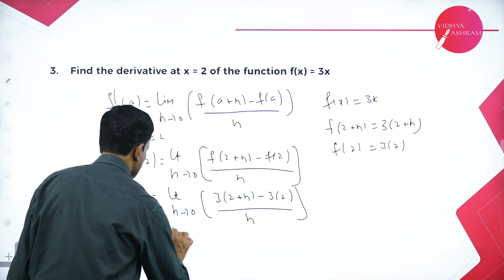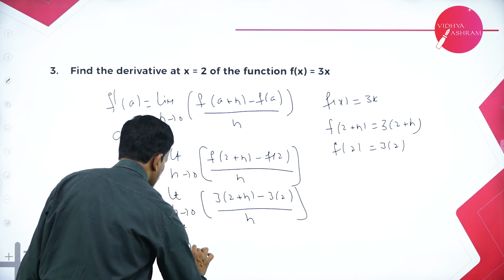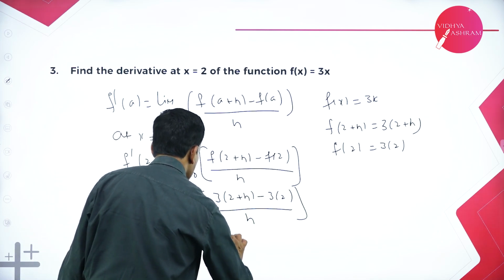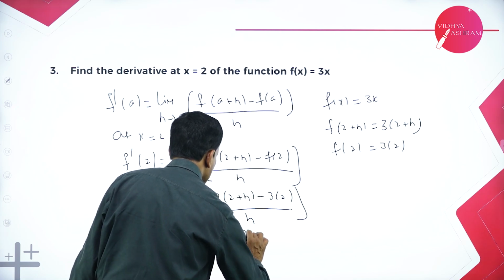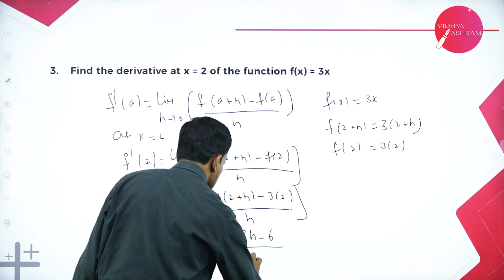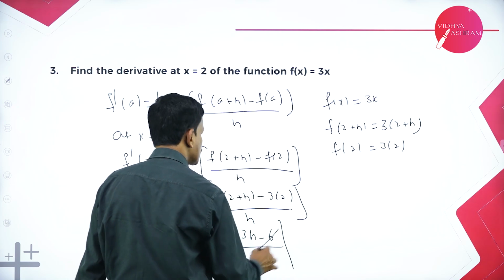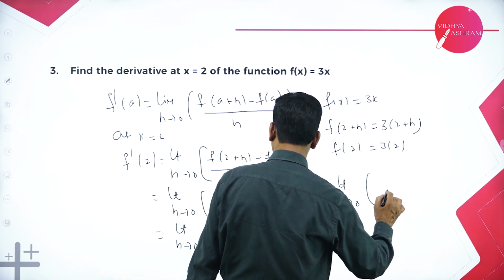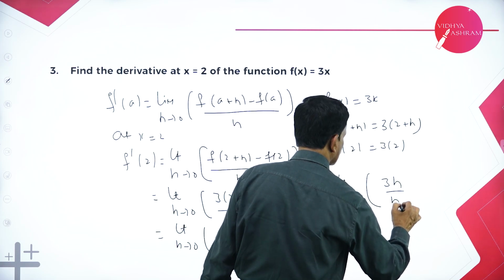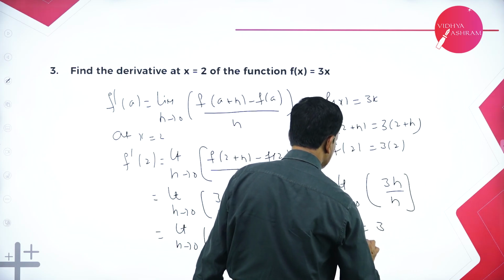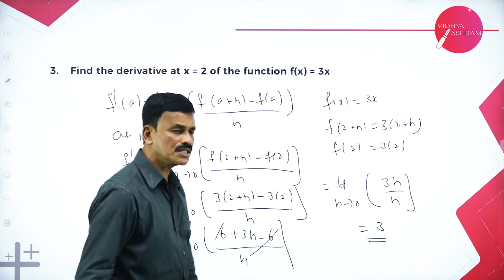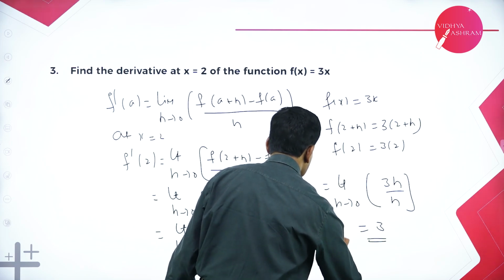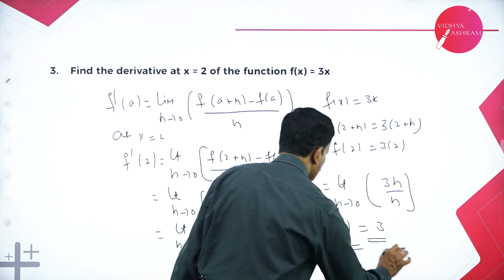So what is this equal to? This is limit h tends to 0 of 6 plus 3h minus 6 divided by h. The 6 gets cancelled. This is equal to limit h tends to 0 of 3h divided by h, that's equal to 3. h gets cancelled, so f dash of 2 is equal to 3.